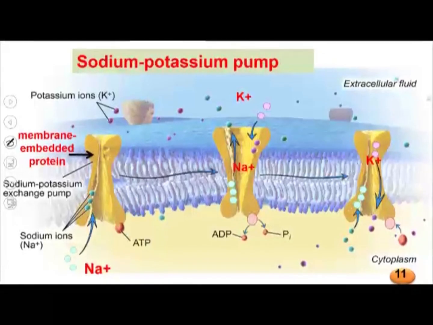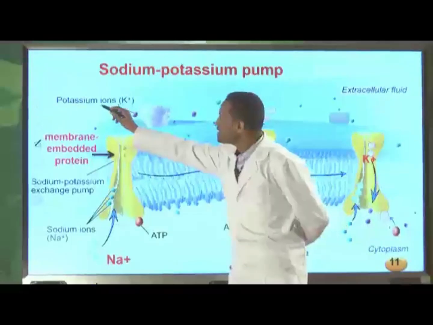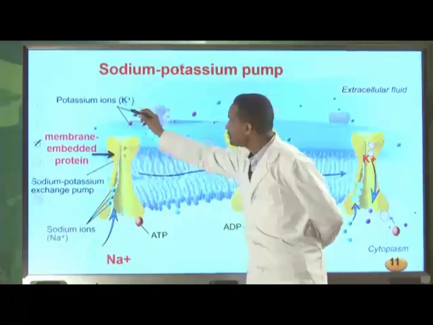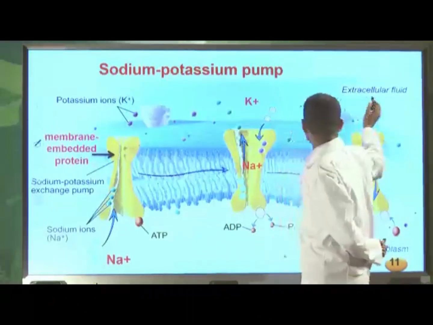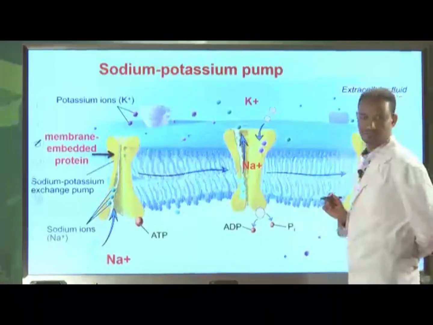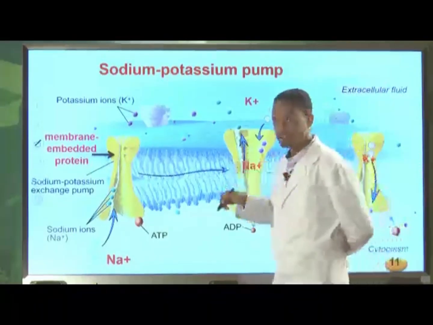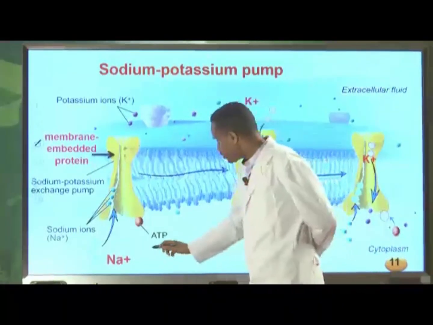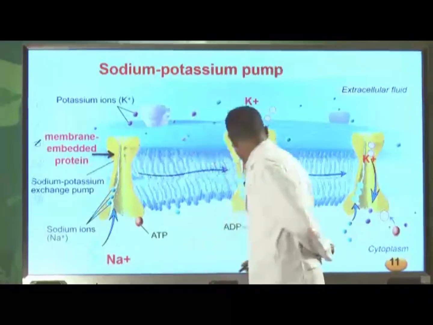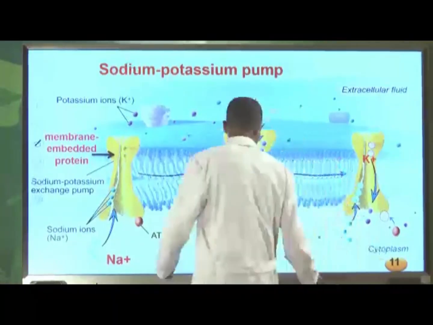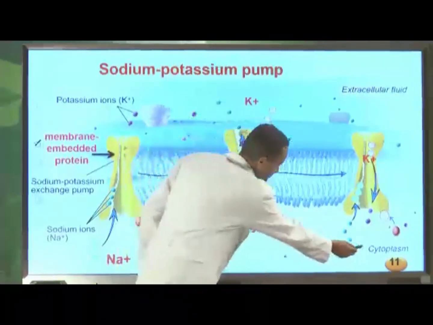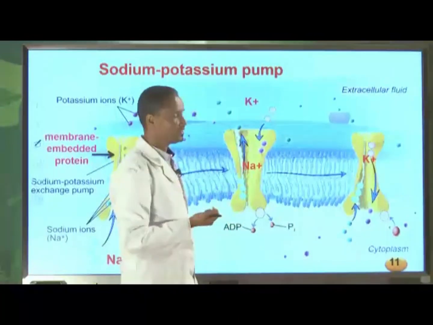Here, normally the potassium ion is found in the extracellular fluids, that means the fluids around the cell, and sodium ion is found inside the cell, that means in the cytoplasm of the cell.